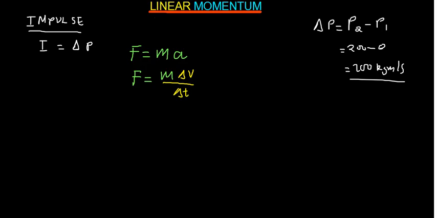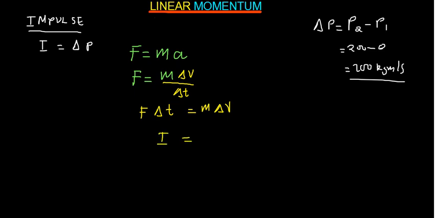And then from here, I'm going to multiply the change in time with the force there. So what we are going to have is force multiplied by change in time is equal to mass multiplied by change in velocity. Now, this force multiplied by change in time is what is defined as impulse.